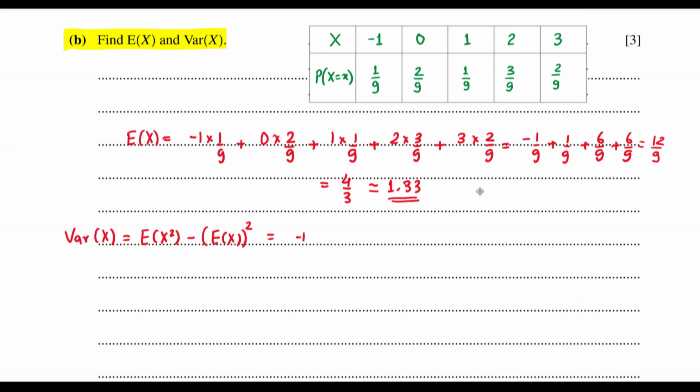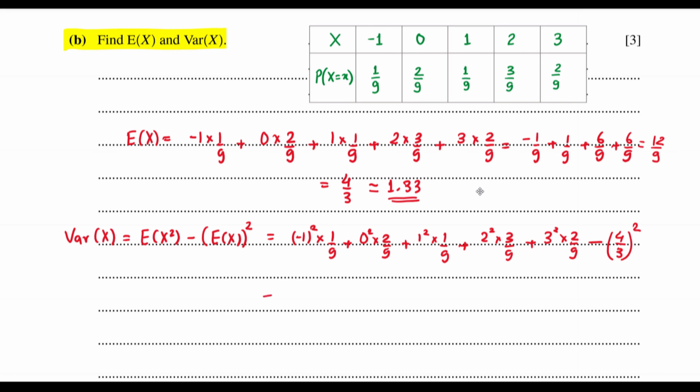So -1 square into 1 by 9 plus 0 square into 2 by 9 plus 1 square into 1 by 9 plus 2 square into 3 by 9 plus 3 square into 2 by 9 minus square of expectation of X, that is 4 over 3 whole square.